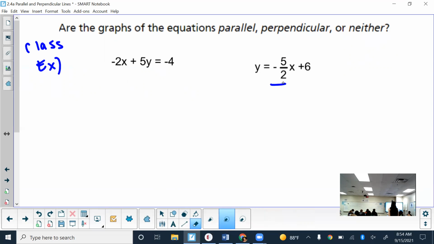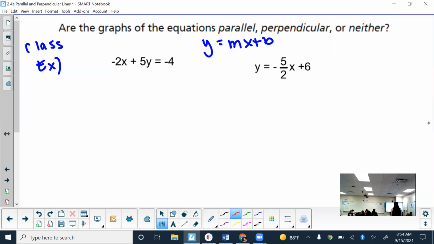So don't make that mistake. So we need to rearrange this one, preferably into what form? Slope-intercept form, which means we need to isolate the y. What do we get rid of first? And how do I get rid of it? We're going to add 2x because it's already negative, so adding the same thing would make it cancel out.